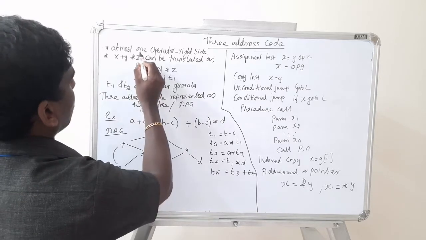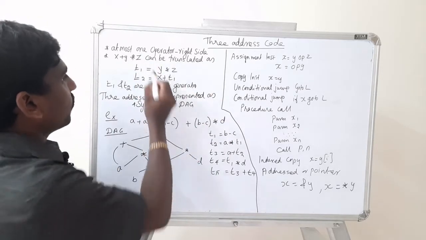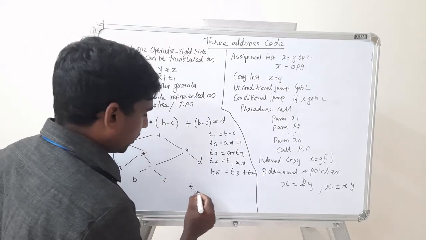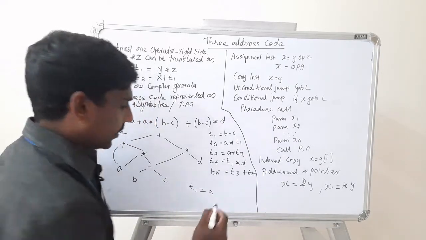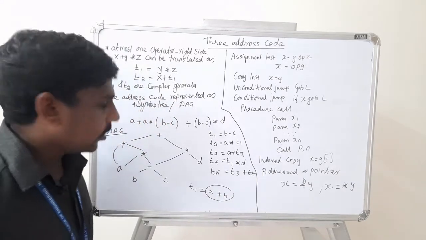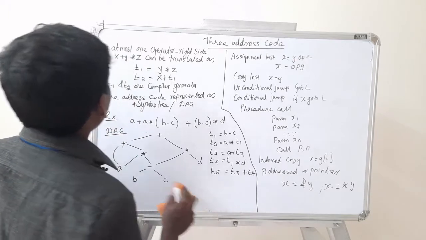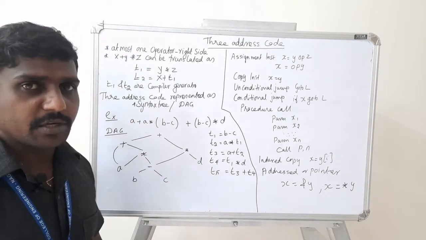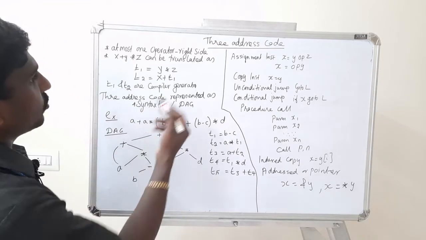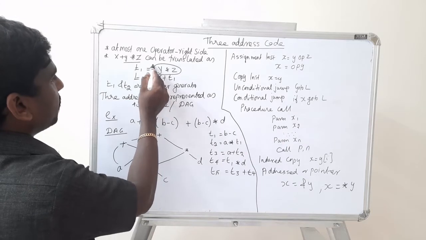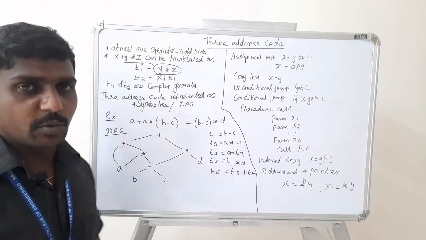First, the right side has at most one operator. That means T1 equal to A, or A plus B, the right side has one operator. For example, if x plus y star z is an expression, if I translate this into three address code, I perform y star z and save it in one temporary memory, T1.